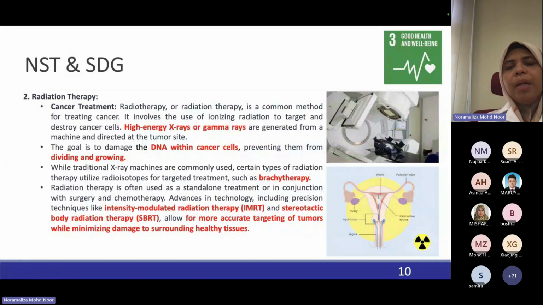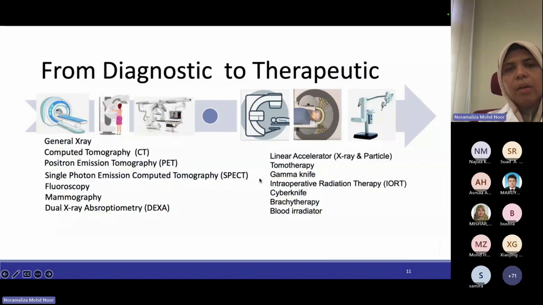The second one uses a source, where we utilize a radioisotope for targeted treatments such as brachytherapy. I will explain this further later on.